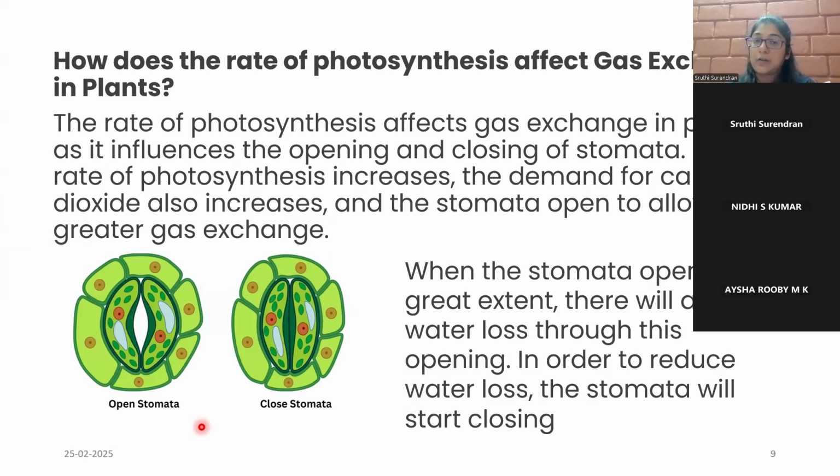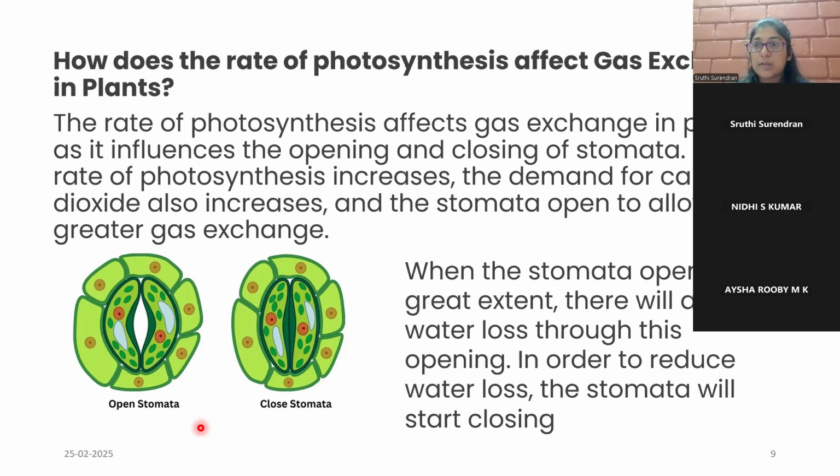Now, as the rate of photosynthesis increases, the carbon dioxide demand is high, because of which the stomata is going to be open so that the carbon dioxide demand can be fulfilled. But when the stomata opens for such a long time, water is also going to go out of it, and as a result water loss is going to happen. Then, in order to reduce the water loss, the stomata will start closing.